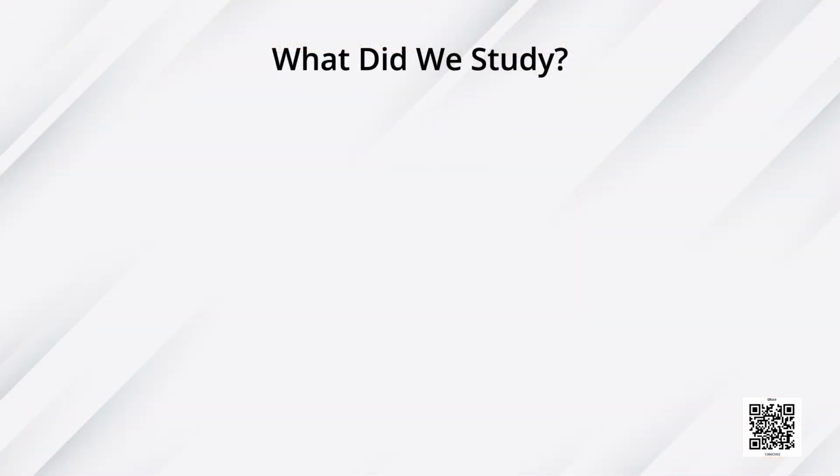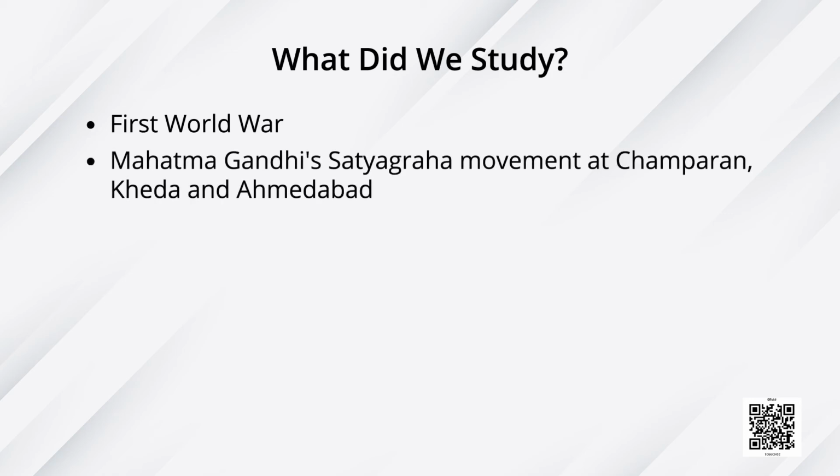Now let's quickly recall what we studied. We first talked about the First World War and its impact. Then we talked about Mahatma Gandhi's Satyagraha movement at Champaran, Kheda and Ahmedabad.